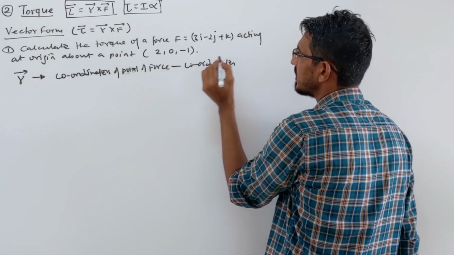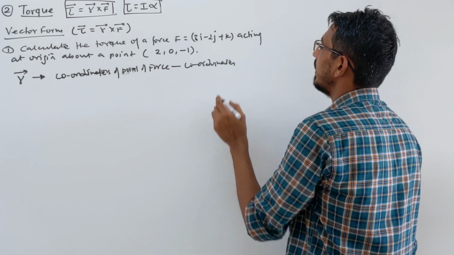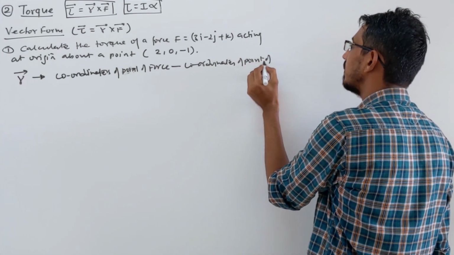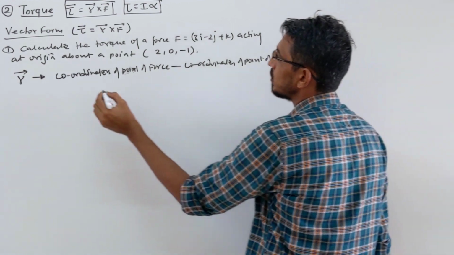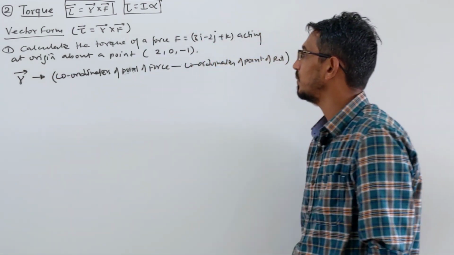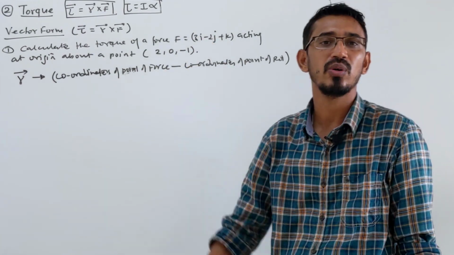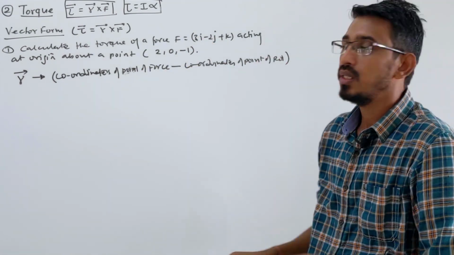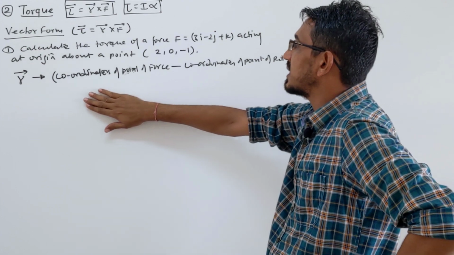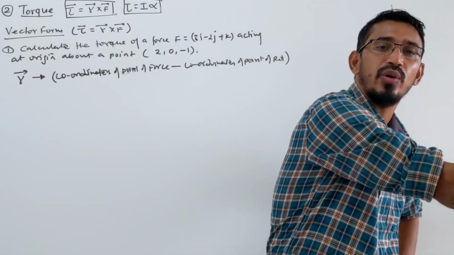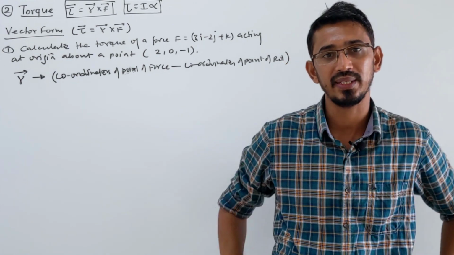This is not a formula, I am just giving a hint. This is the proper value of R. If you directly put the given values here and multiply R cross F, your answer will become wrong. So this R is the distance from the point where the force is acting to the point where the body is rotating, or the torque is happening.